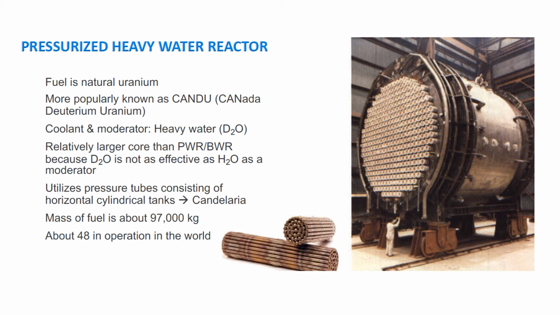So this is a fuel assembly in your pressurized heavy water reactor. The mass of a fuel is about 97,000 kilograms. That's very heavy. And there are about 48 in operation in the world for your PHWR.